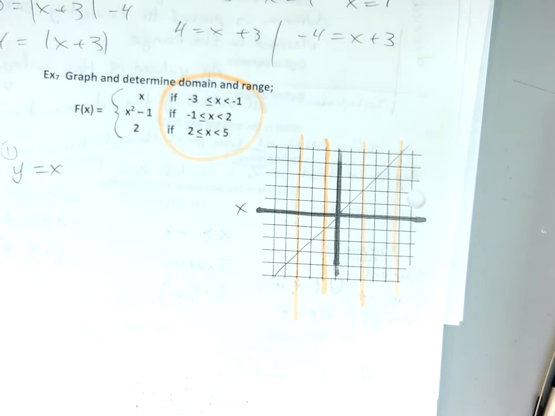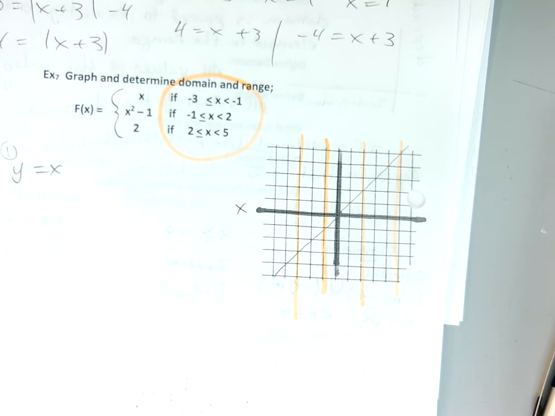Except this piece only goes in here. This piece only goes in here, so we erase all the rest, because this graph is between negative 3 and negative 1. Do you remember doing this at all? Yeah. Sorry, no. We're going to erase it.